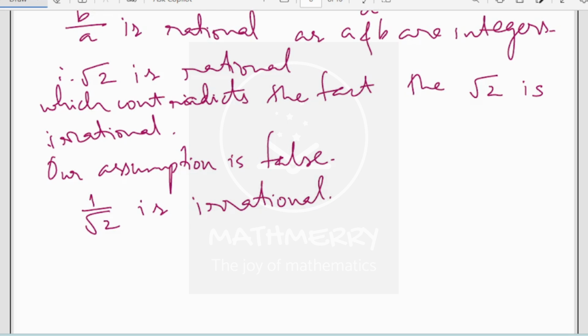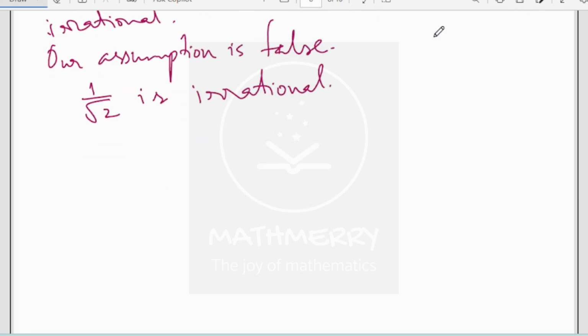Okay, now we are going to use the same method for 7 root 5. So that's our second sub question. I hope the first sub question is clear. So we are going to write, let 7 root 5 be rational.